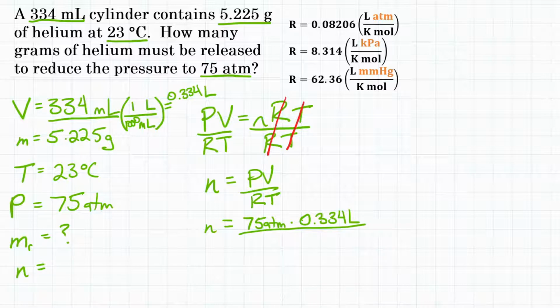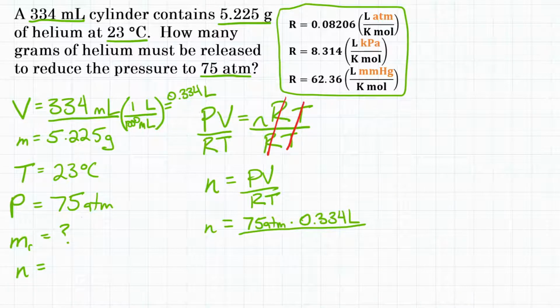For R, we need to go look at our universal gas constants and pick the one that matches our unit of pressure. Up here we have all of our universal gas constants, or at least a couple of them. Now our pressure is in units of atmospheres, so we are going to pick this first value of R, where we have atmospheres as our pressure unit.